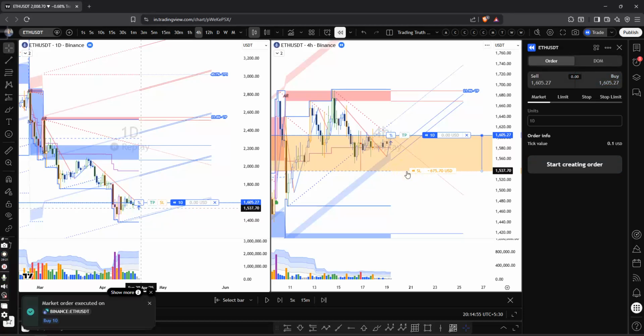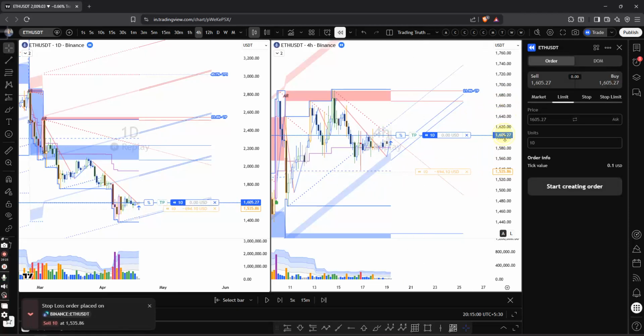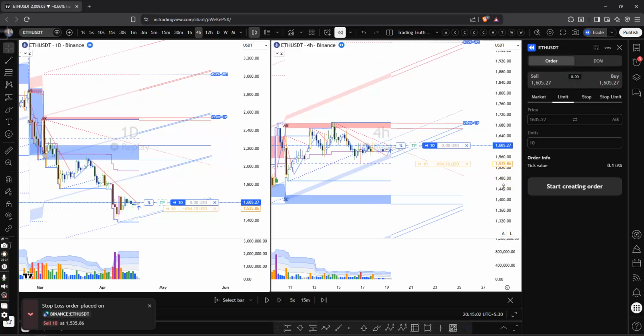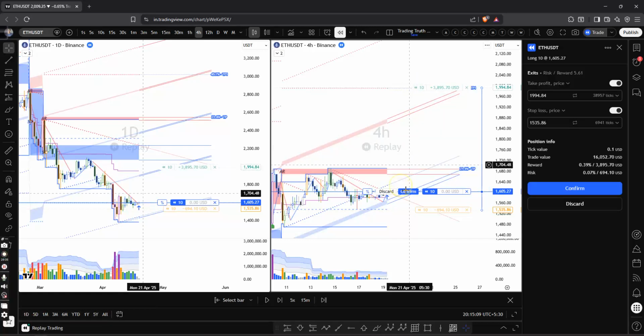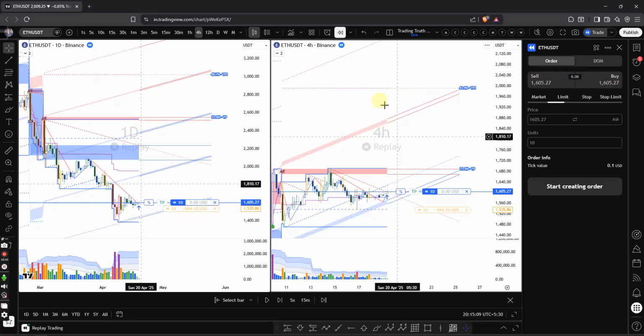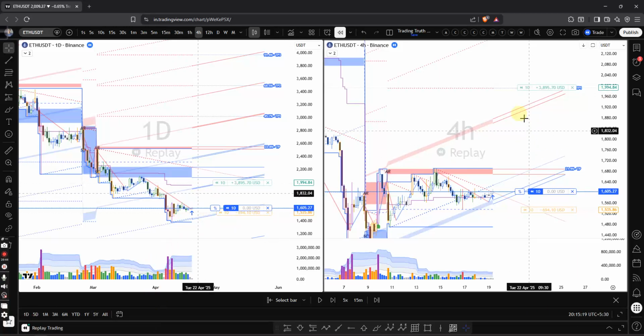I'll take a stop loss of that much, and my take profit would be TP1, this much. As the market comes around each line, I'll take some partial profit.